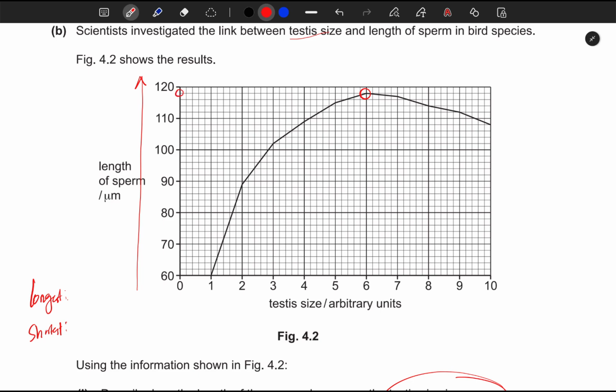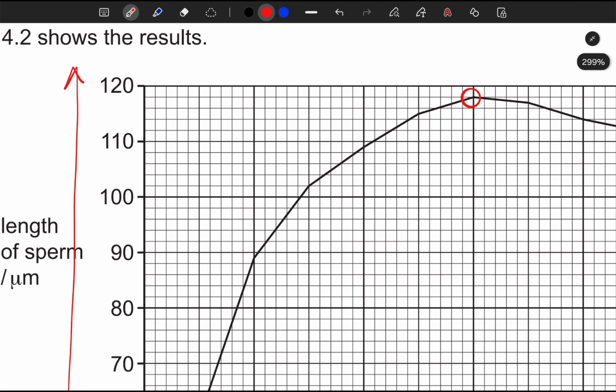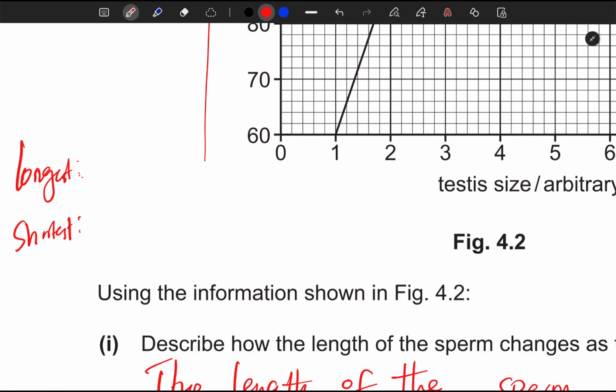Let me just zoom my diagram properly. This is the point we're talking about. What is that coordinate there? This is 110, 112, 114, 116, 118. So that is 118 for the longest.